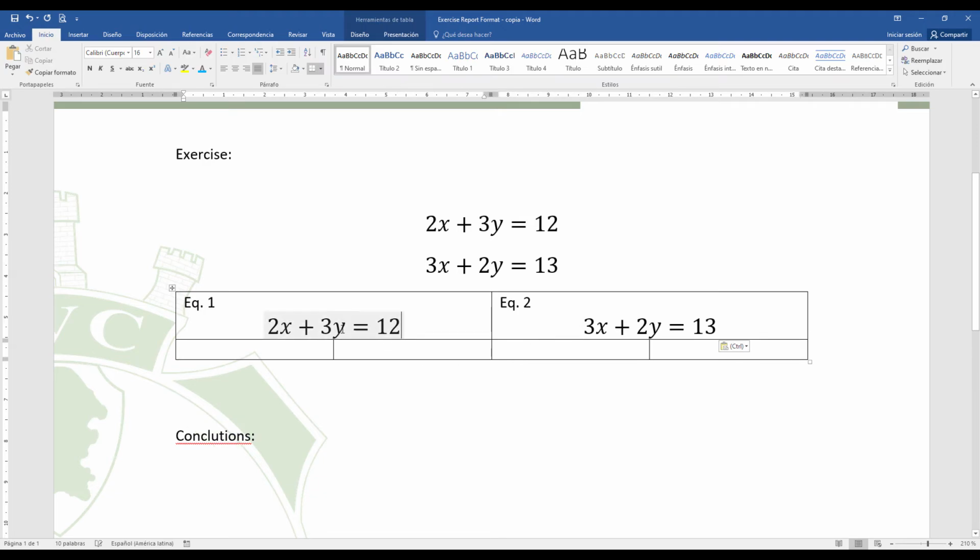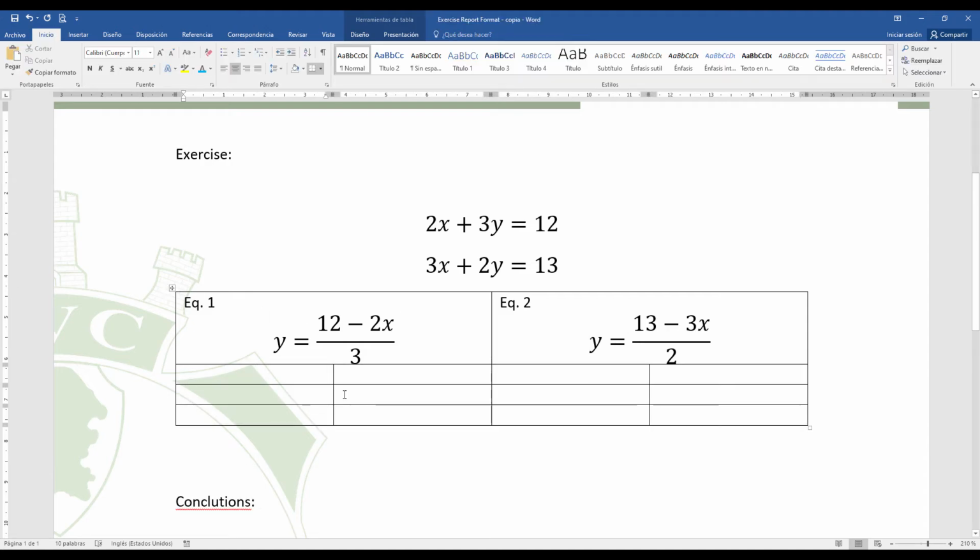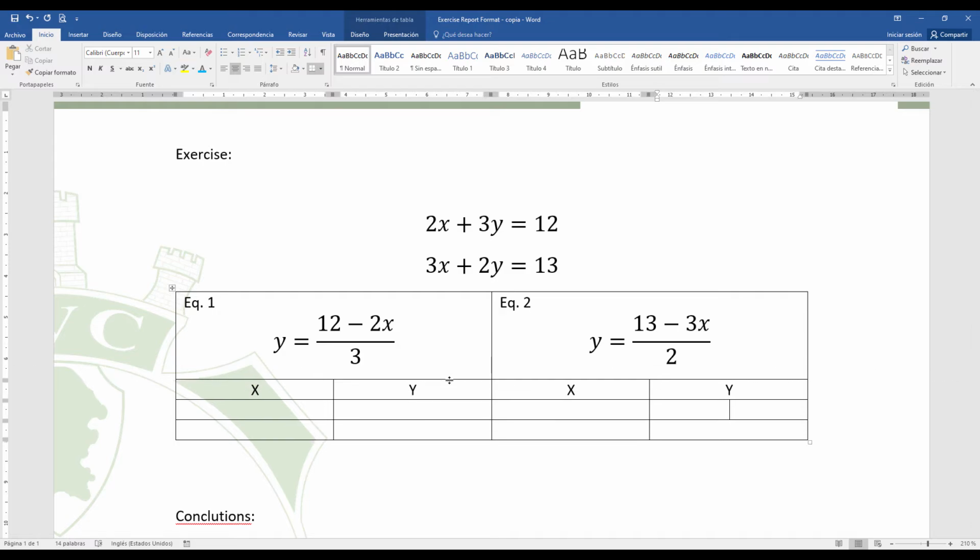So now you need to clear the variable. For example, I will clear the y variable again. This is x and this is y, and this is x and this is y. For example here 6. 6 times 2 is 12. 12 less 12 is 0.